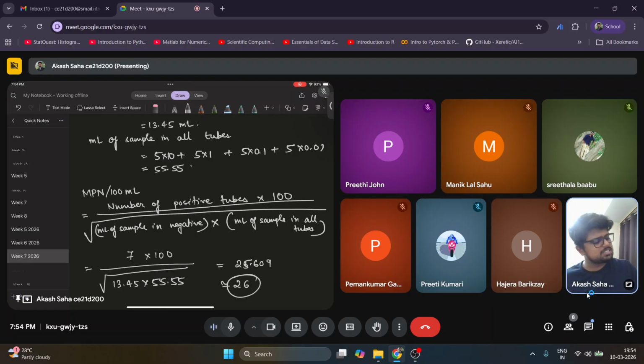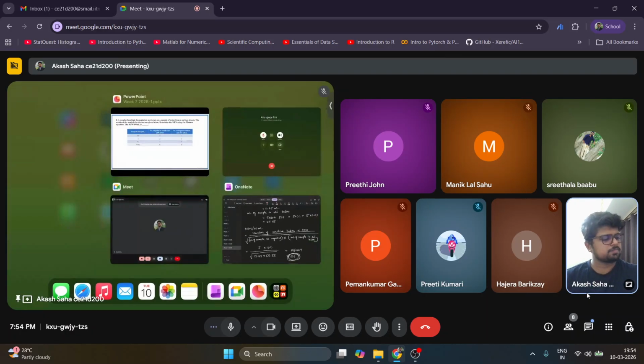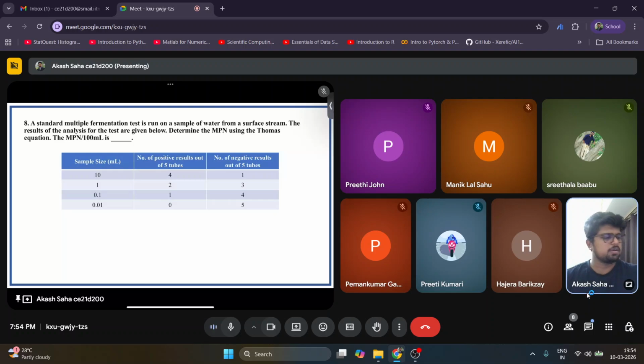So mostly this value is close to the value which we see in the MPN table. It will be almost the same, right?